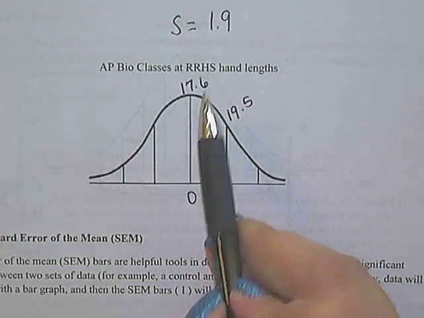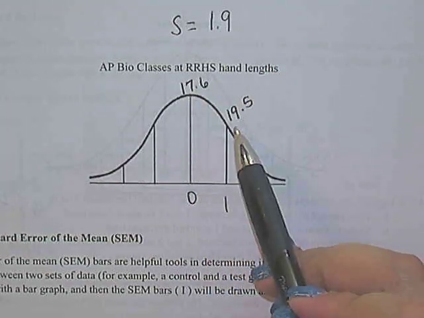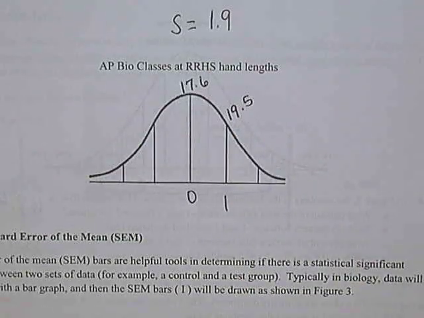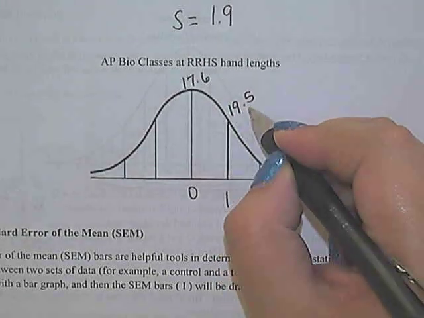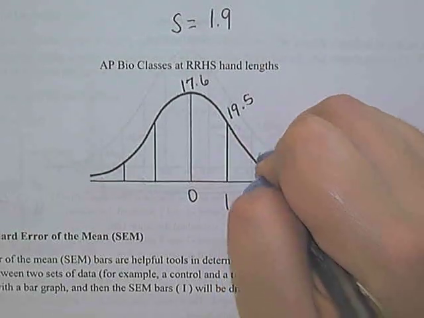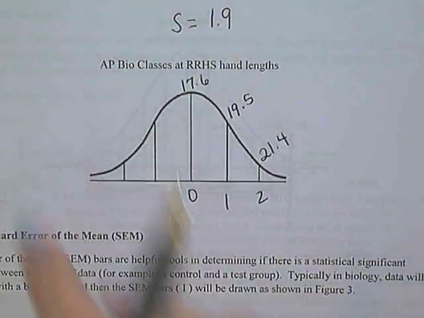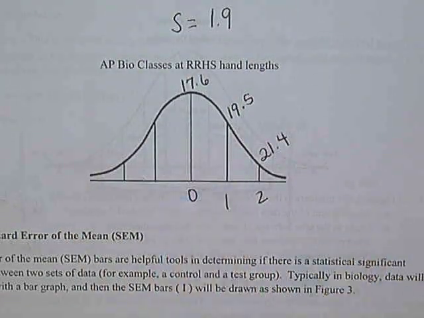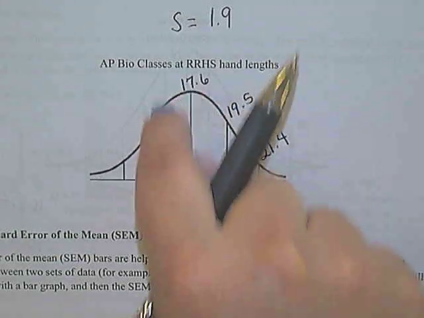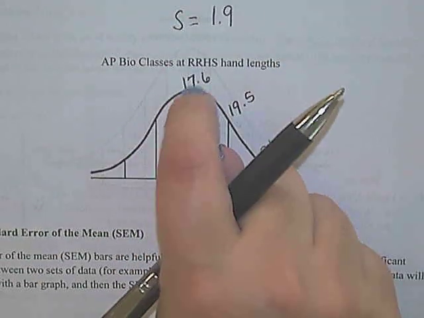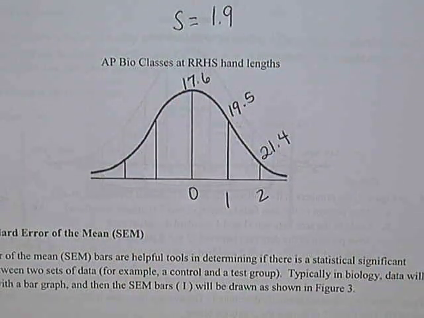So if your hand length is between 17.6 and 19.5, you are within 1 standard deviation of the mean. For 2 standard deviations above the mean, I'm going to add 1.9 again, and this comes out to 21.4. Now your data might be different from students in other classes, because the more students added their data, the more data we had to collect from, our numbers are going to change.